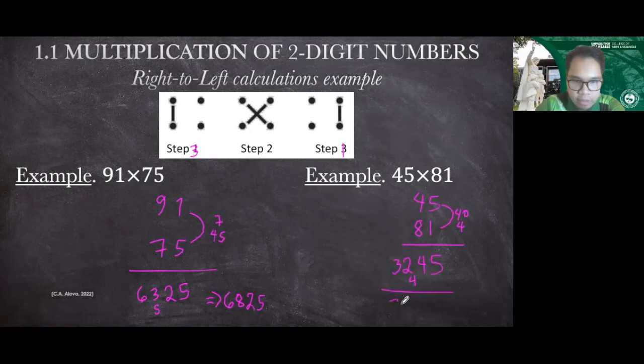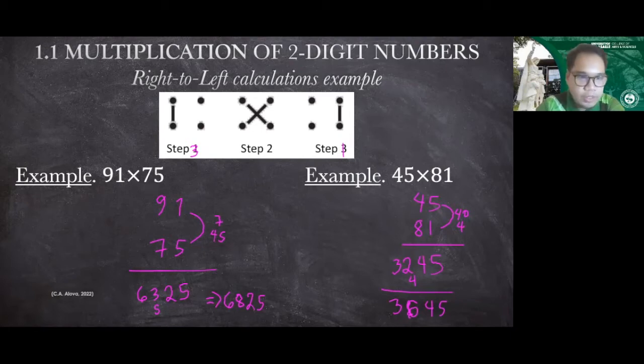So we have 3,600, sorry, 3,645. Okay, so again, we want to emphasize that we can do it from left to right as much as right to left, with the same number of steps. There's no change in the number of steps. It's still going to give us a fast way to do the multiplications.